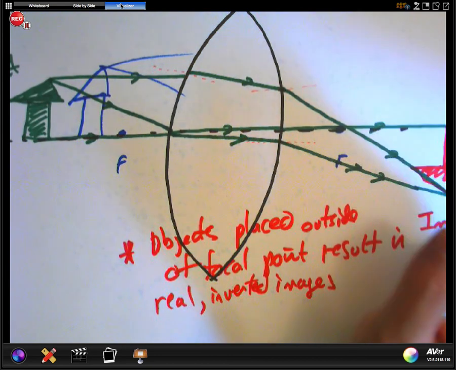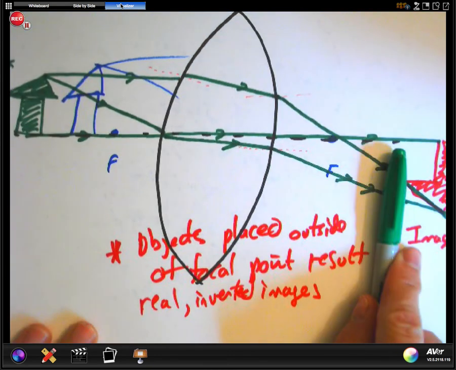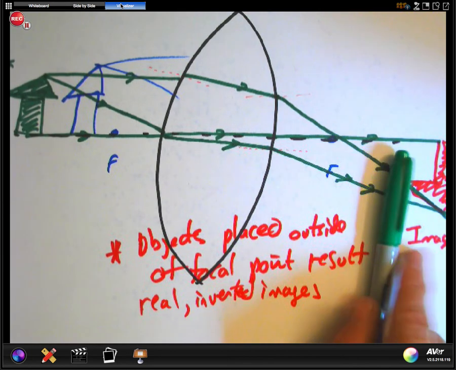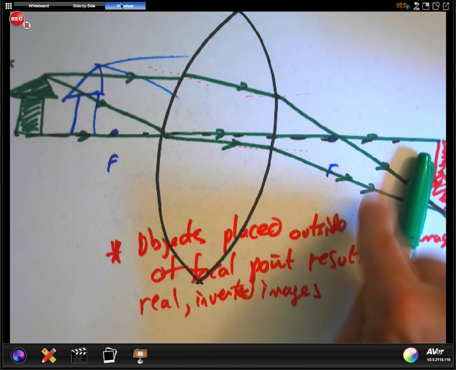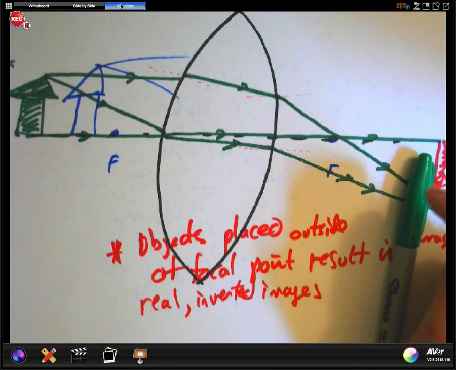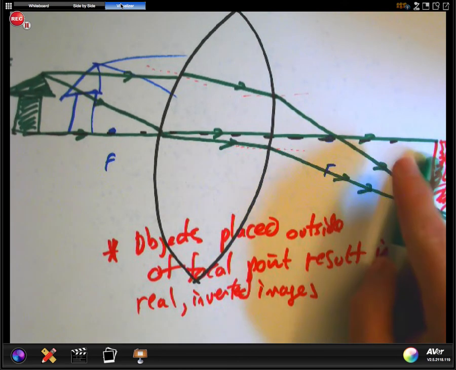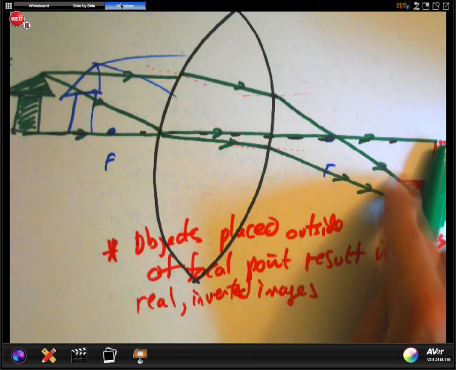Now, what's blurry mean? Well, if I were to put my eyes right about here where my pen is, these two light rays, the light ray on top and the light ray on the bottom, would both fall in two different spots in my eye, which means when I looked at it, I'd have kind of a double vision effect. It would seem to me like the tip of this object that I was looking at was in two different locations.